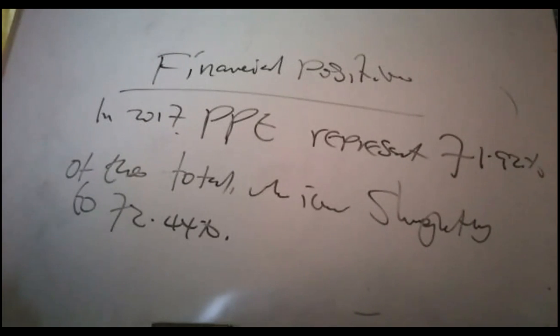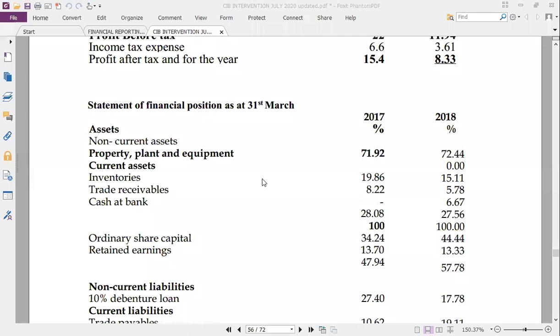You go to inventory. The next item on the list is inventory. So for inventory, decrease.